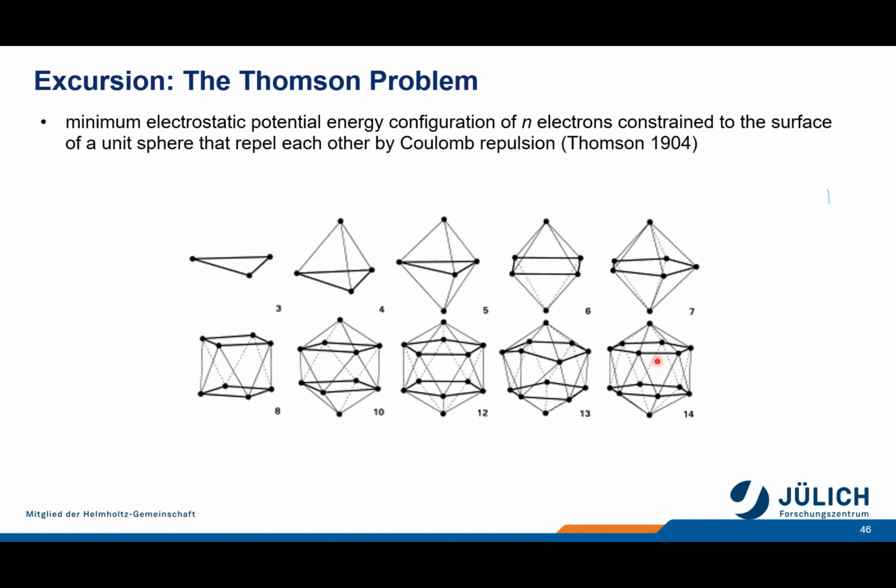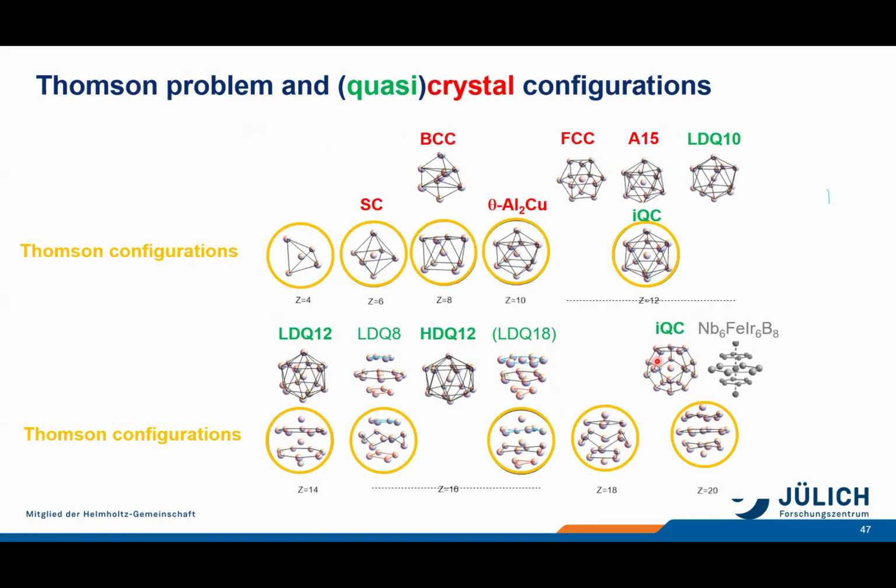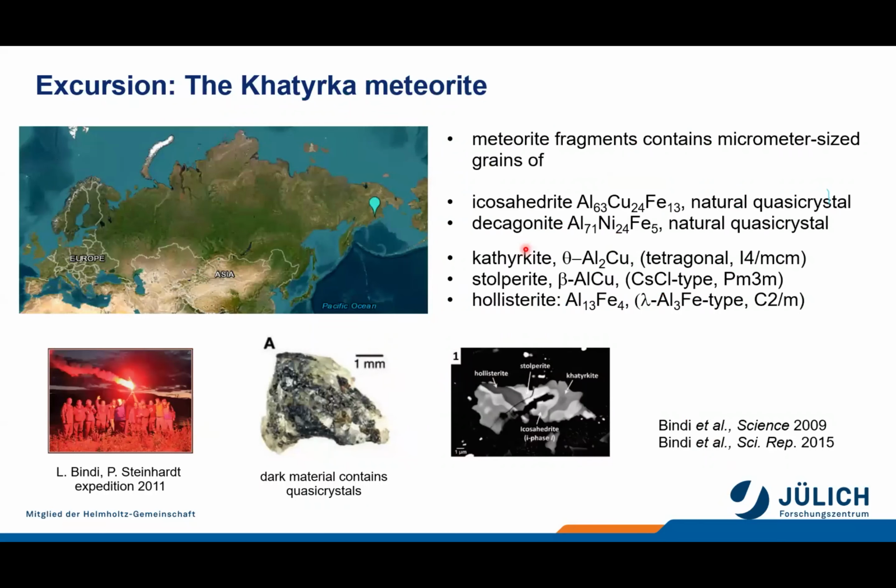And it doesn't matter if these are electrons or if these are repulsive particles. So the orange things are the Thomson configurations. Here again, you see this theta aluminum copper, and these are the phases that we see in the quasicrystals. So this is a real close analogy, which tells us it's not just geometry, it's a geometry that minimizes repulsion, the same for electrons.